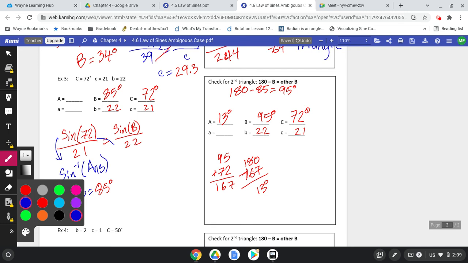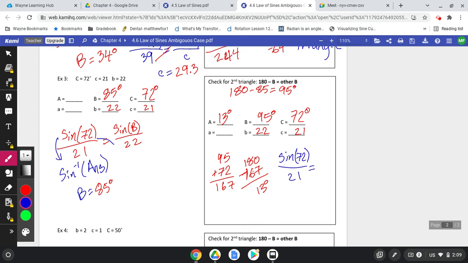Now we need to check what is side A on that second triangle. It doesn't matter if you use column B or C, whatever you choose, just be consistent. If I use C with 72, I need to use 21 on the bottom. So sine of 13 over little a, we don't know. Go ahead and we will solve that.